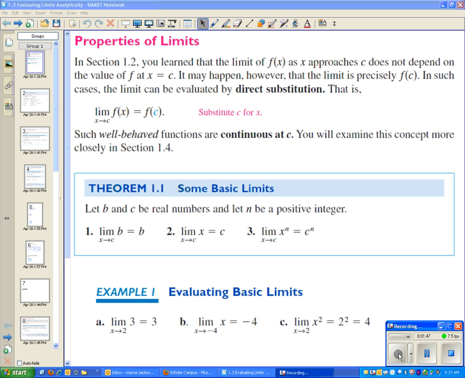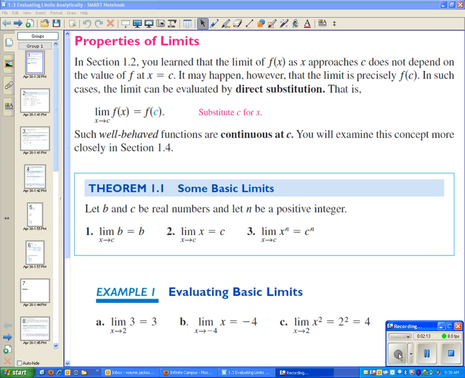It's in section 1.2. You learned that the limit of f of x as x approaches c does not depend on the value of f at x equals c. At least that's what we tried to learn. It may happen, however, that the limit is precisely the value of the function when x equals c. In such cases, the limit can be evaluated by direct substitution.